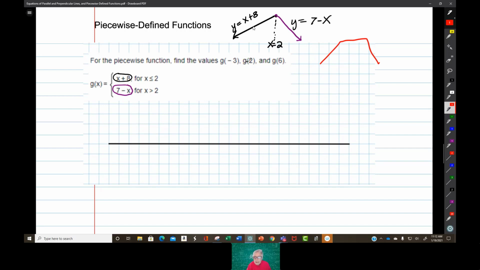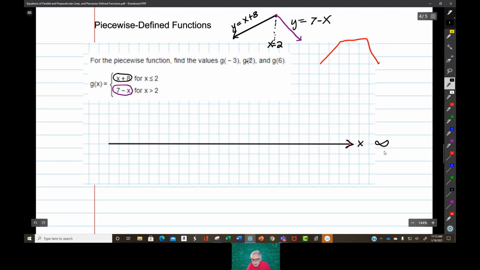And so where these two functions change, it's the same function, but different parts. Where part 1 and part 2 change is at x equals 2 on the x-axis. So this is the x-axis.